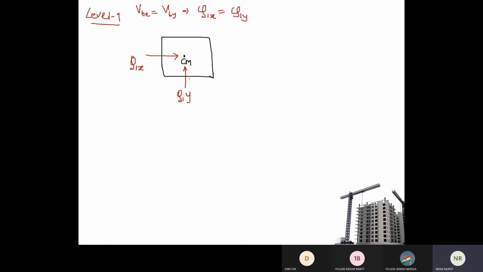Right. Now this is the inertia force which is acting on center of mass. Now the building has its inherent property from the lateral load resisting systems, which will provide the resistance towards the inertia force.